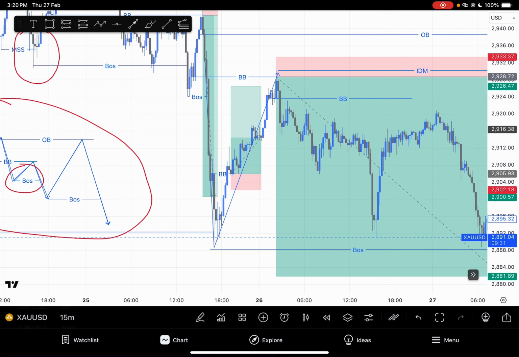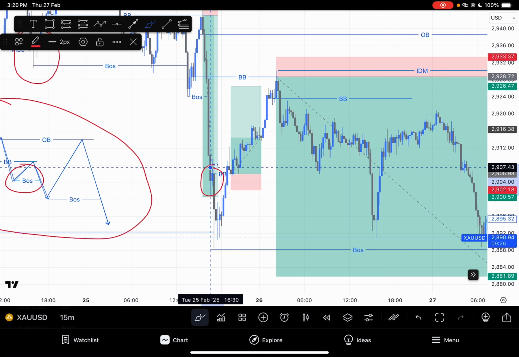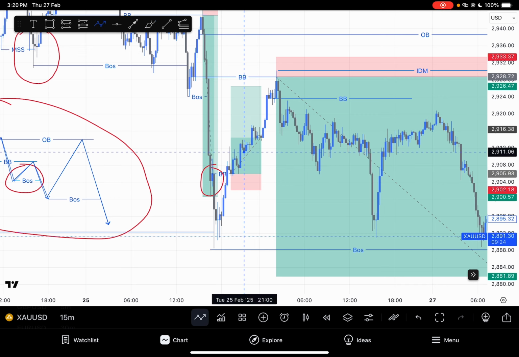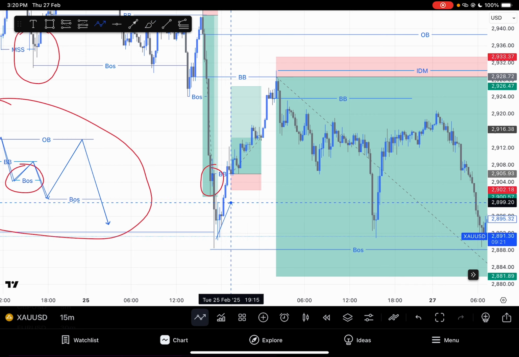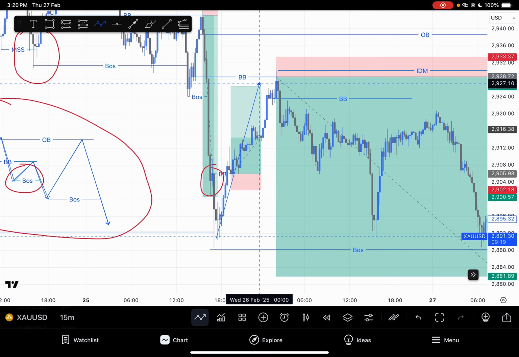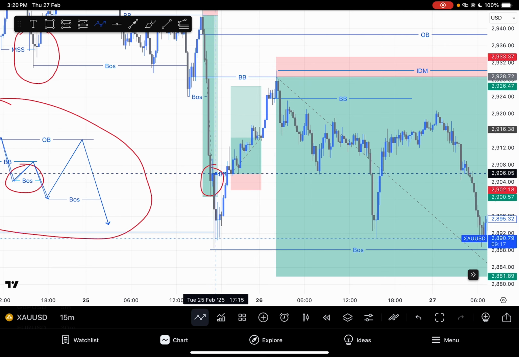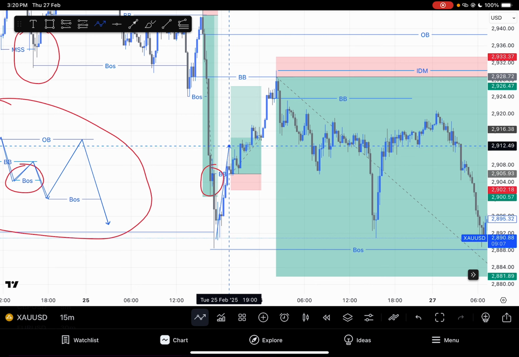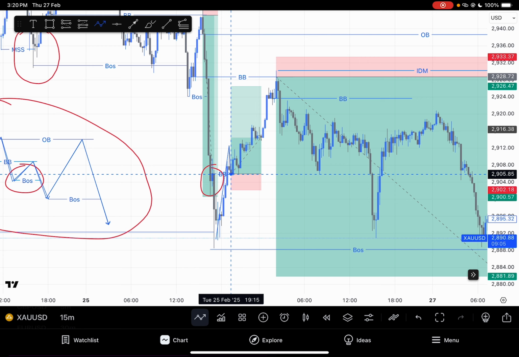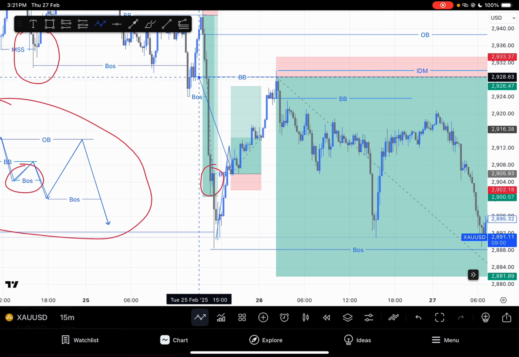Okay, from this point you can see there's an order block here, and you see price broke above the order block, meaning this order block has automatically turned into a breaker block. If price broke above the order block, it turned into a breaker block. So I just use the beginning of the order block as my point of interest. So you see price came back again to mitigate the breaker block, then push to the upside.